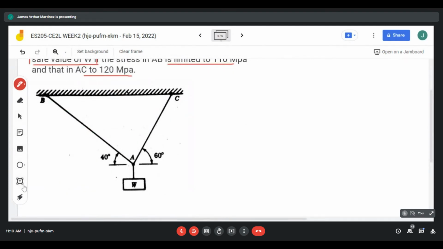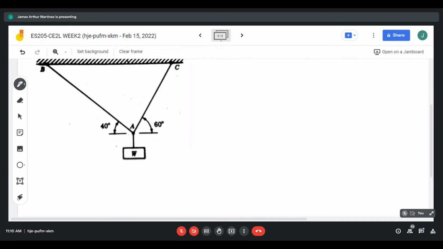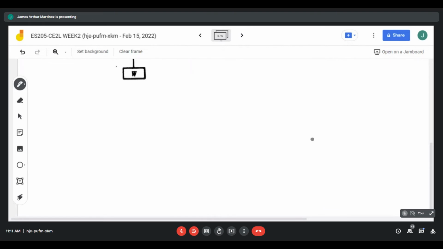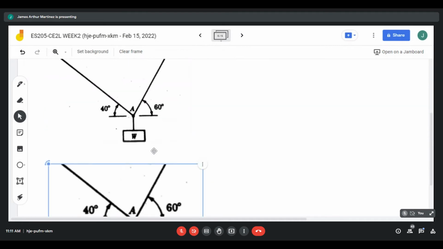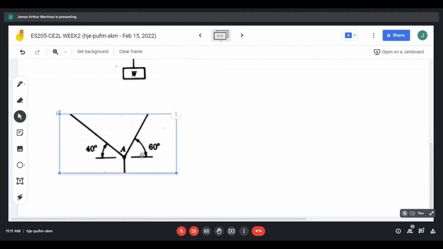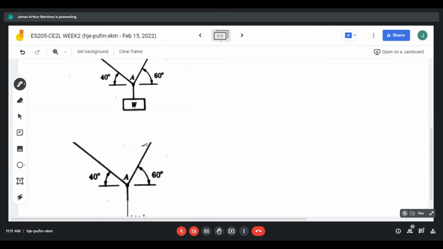So first, let's draw the free body diagram. W and the internal reactions at AB and AC, so PAB and PAC.